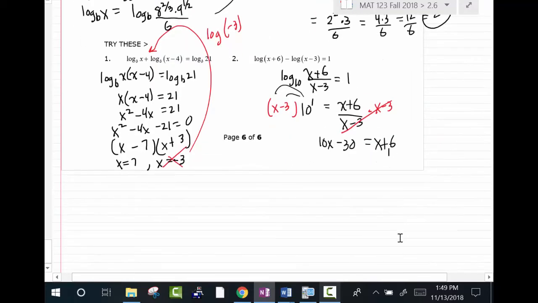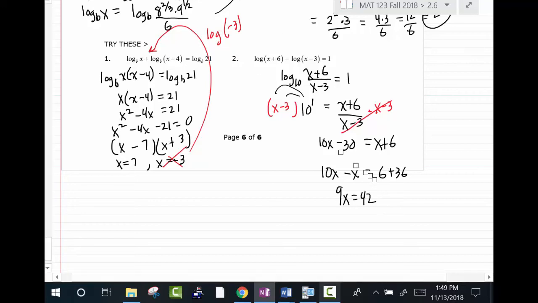Okay, like that. Then to finish it up, should be pretty straightforward. I would just move the x to the other side. Move the 30 to the other side. So you'd have that. So that looks like 9x equals 42. Did I miss something? Oh, you know what I'm doing? I'm thinking ahead.